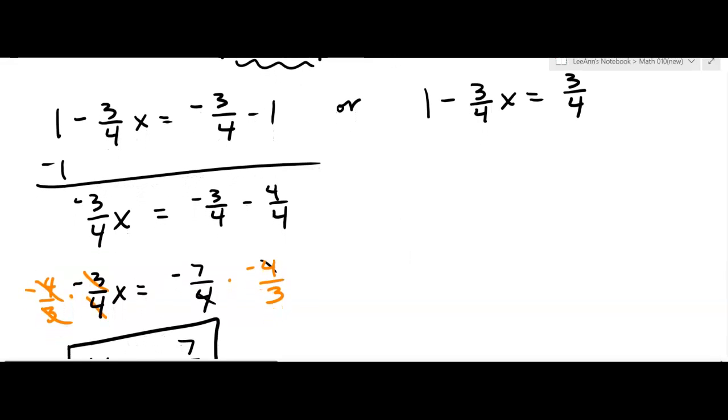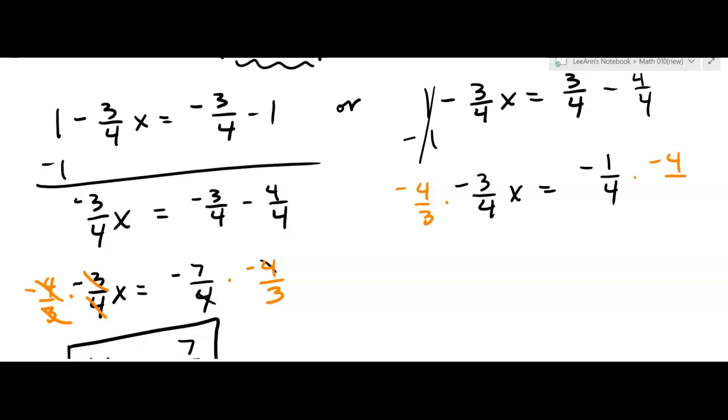Okay, what do I get over here? Well, same process. I'm going to subtract 1, which is 4 over 4. Like I could just use that. Those cancel. So now I have negative 3/4 x equals negative 1/4, right? Yeah, 3 minus 4 is negative 1. Okay, now I'm going to multiply by the reciprocal, which is going to be negative 4/3 on each side.